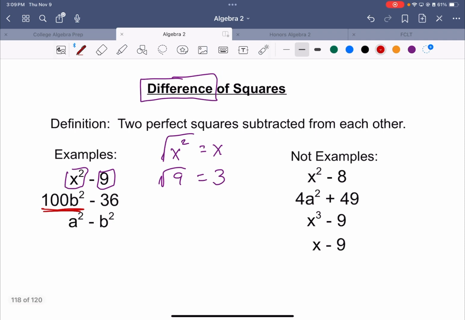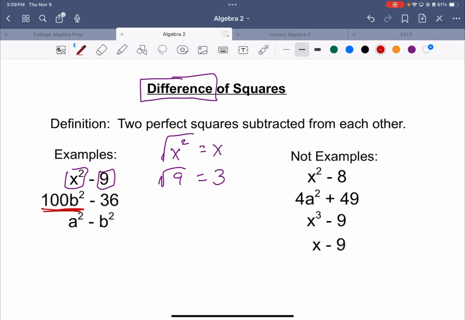If we look at the ones that are not examples, the square root of x squared is x. Do we know the square root of 8? Probably not. It's a decimal, 2 radical 2. It's not perfect. So since it's not perfect, that's not a difference of squares. The second one, 4a squared plus 49.